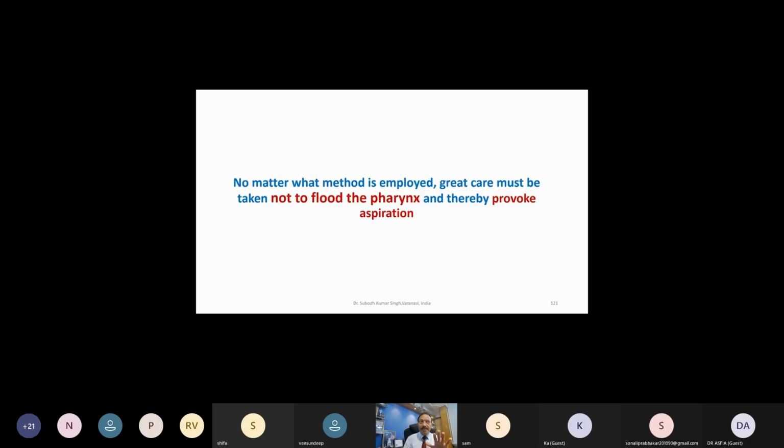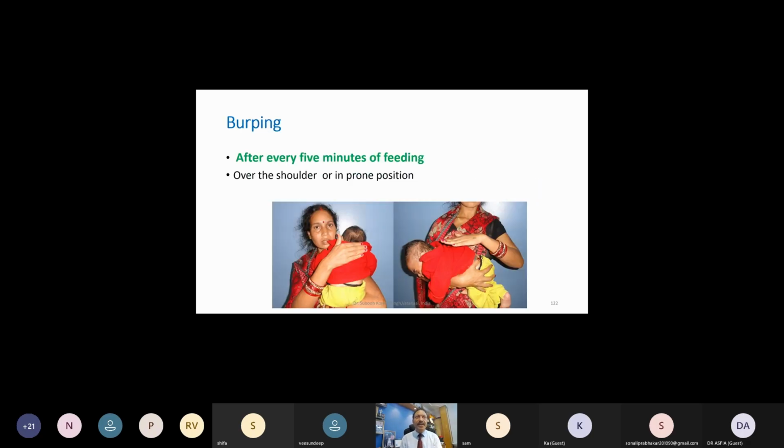Now, no matter what method is being employed, great care must be taken not to flood the pharynx and thereby provoke aspiration. That's the most important thing. Now, burping is important, and burping should be done every 5 minutes because they inhale a lot of air. There is a lot of aerophagia.